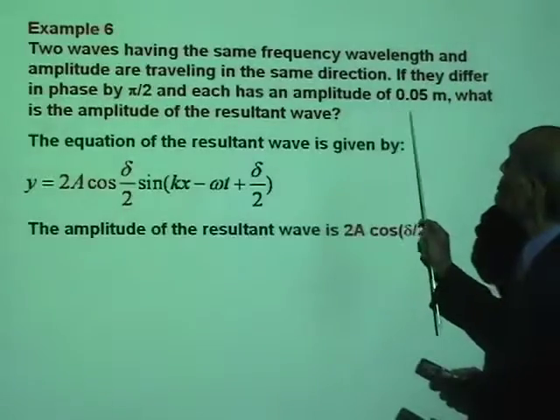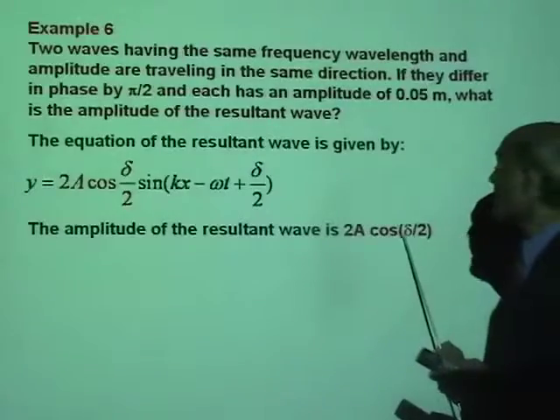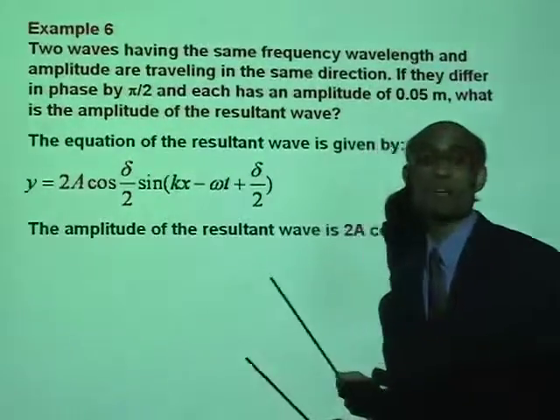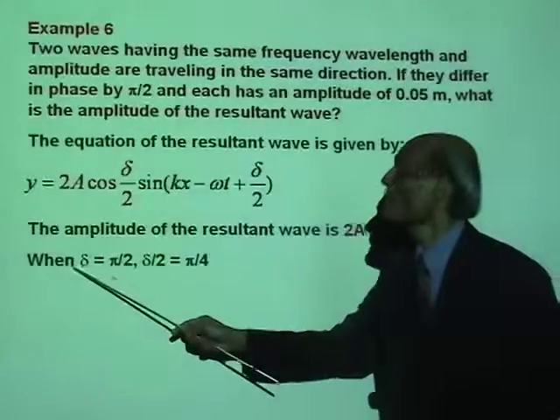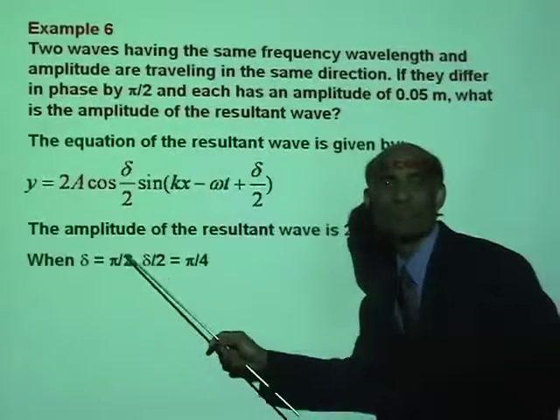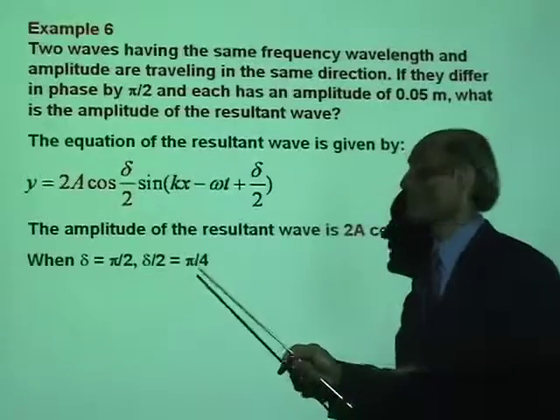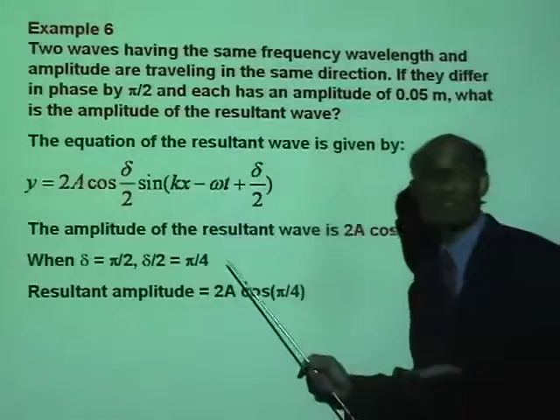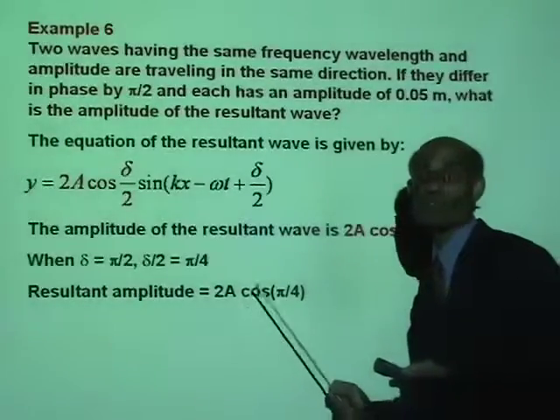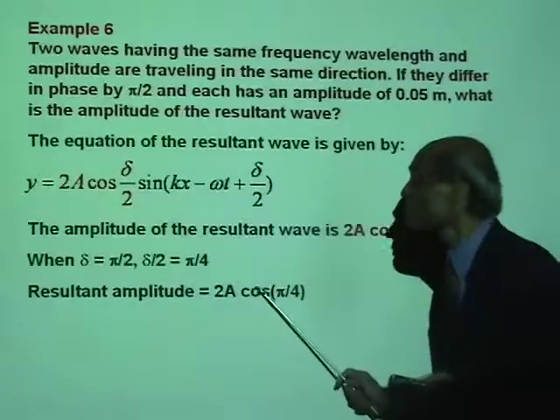Now, the amplitude of each wave a is 0.05 meter, and delta, the phase difference between the two waves, is pi/2. Therefore, when delta equal to pi/2, what is delta by 2? Divide pi/2 by 2, you get pi/4. Therefore, what is the resultant amplitude? It is 2a cos pi/4, that will be 2 times 0.05.